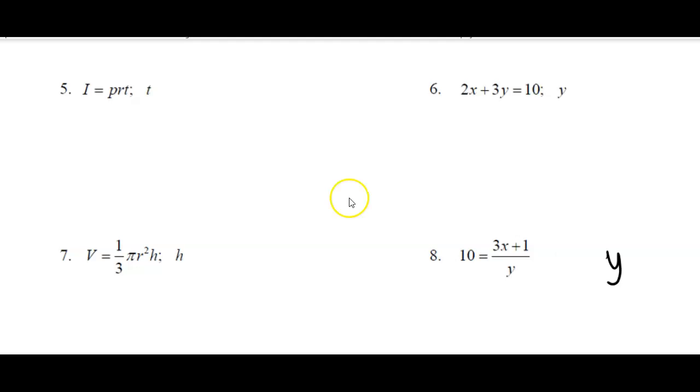The other thing is that if you go to YouTube and Google literal equations, you're going to get a lot of examples. You get on Khan Academy, you're going to get a lot of examples. So spend some time on those websites if you're struggling with this. It's just going to be something that comes with more practice.